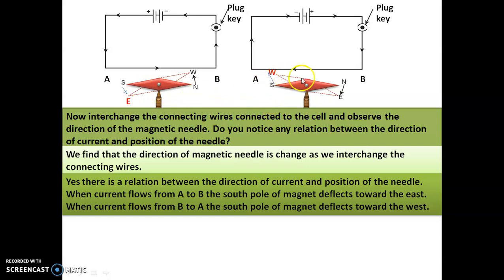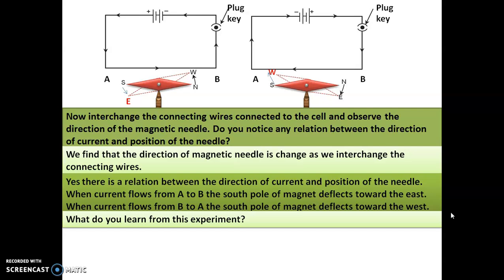Whereas when the current flows from B to A, the south pole of the magnet deflects towards west. So, there is a relation between the direction of the current and the position of the needle.